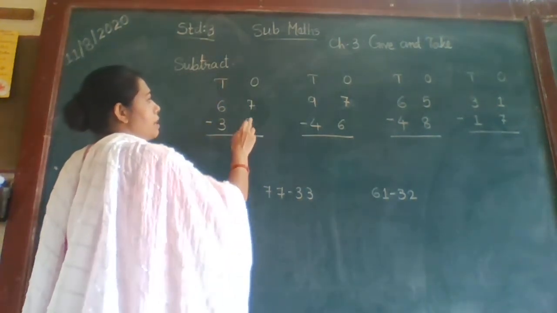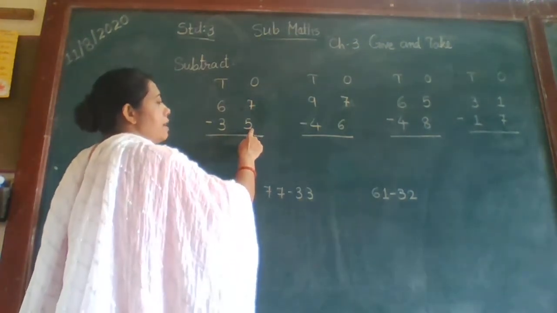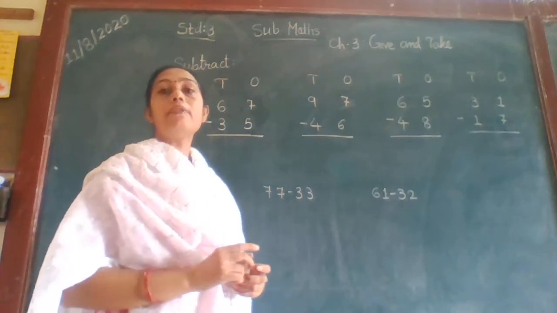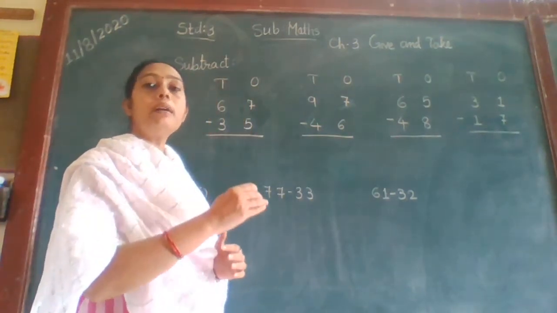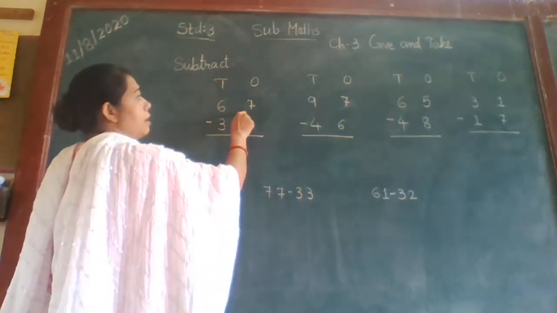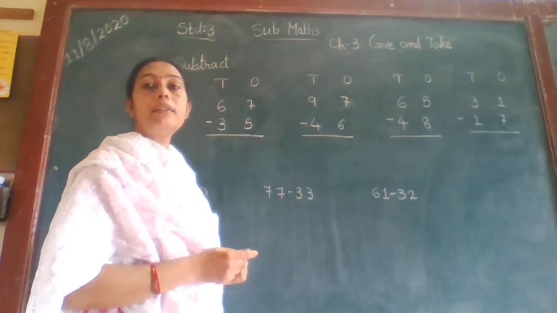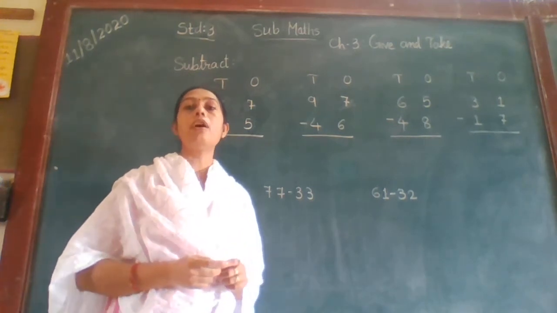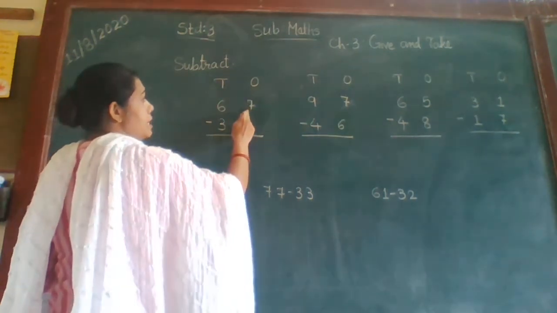That means we subtract 5 from 7, 7 minus 5. Dear students, we always cut a smaller number from a bigger number, so the bigger number should be first. Then only we can cut the smaller number from the bigger number. So here first we start from the ones place.